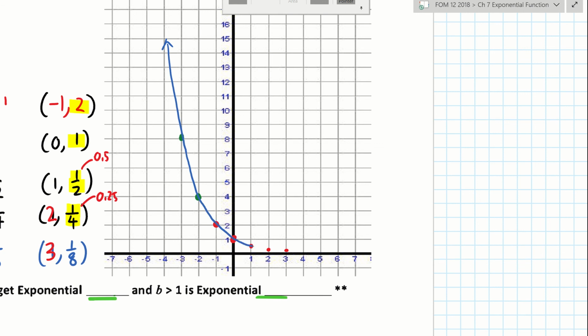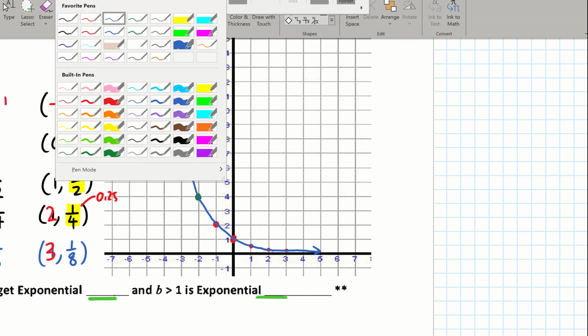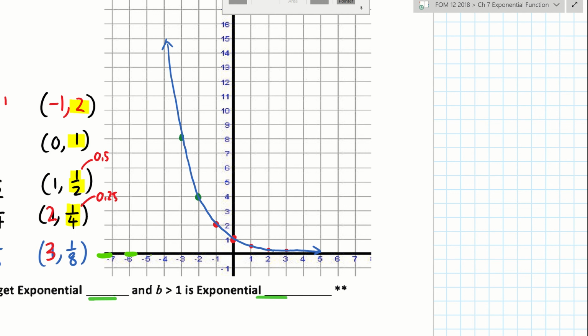A function that is decreasing instead of increasing. But it's still not actually going to 0 though. So it still has the same problem that the other type of function has, which is it's getting closer and closer to 0, but it's never actually crossing it. So it still has that horizontal asymptote.